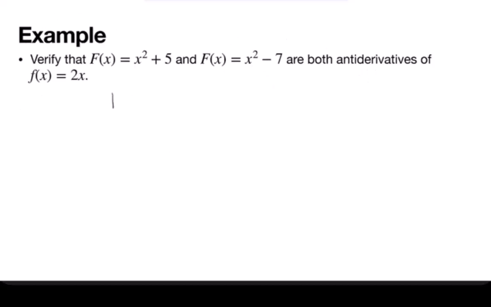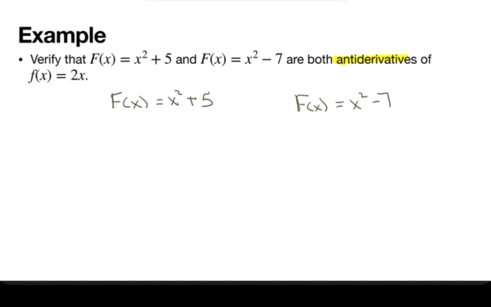Verify that capital F of x is equal to x squared plus 5 and capital F of x is equal to x squared minus 7 are both antiderivatives of f of x equals 2x.